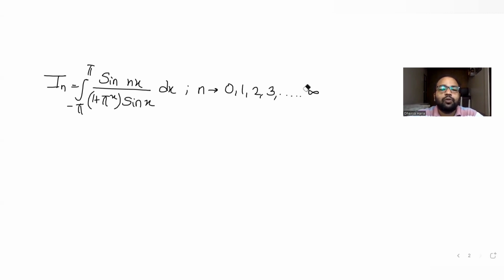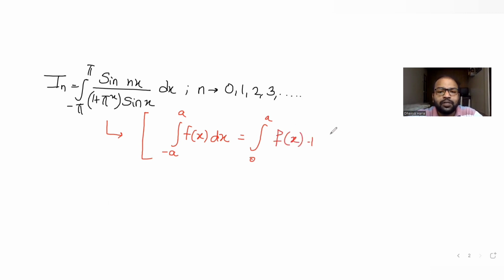Now the idea I can use here, when I see the limits going from -a to a, is this concept: if I have the integral from -a to a of a function f of x dx, I can write that as integral from 0 to a of f of x plus f of minus x dx. This is the concept we'll try to use here.